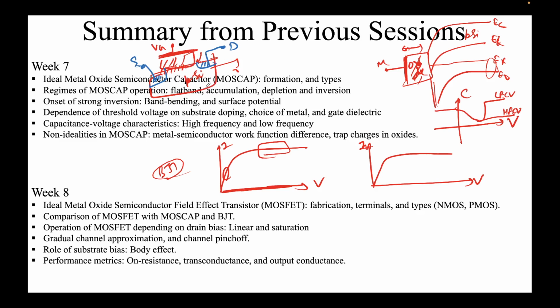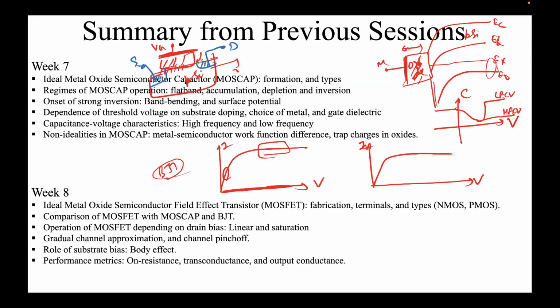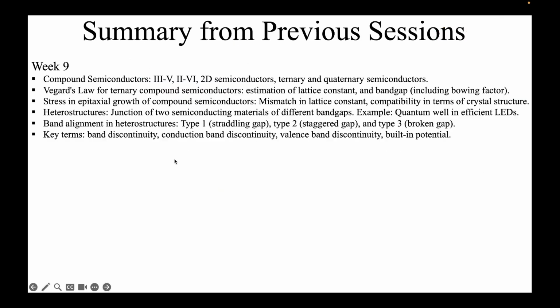You can apply some bias to that, and the PN characteristics of the source and body will change, as well as of the drain and body. So it's not that the body terminal is sitting idle here. It has a specific role, which is used to tune the threshold voltage, for instance.